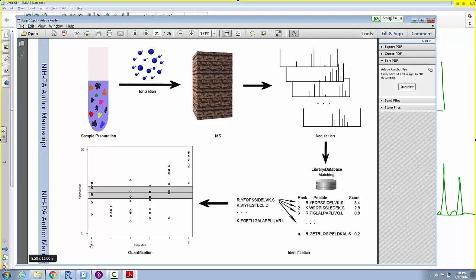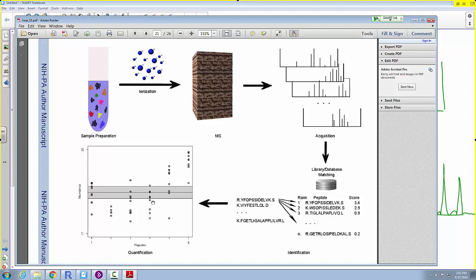And for example, peptide 1, these dots above peptide 1, those are the actual peak heights for what was identified as that peptide. We have 1, 2, 3, 4, 5, 6, 7, 8 or so replicates in this data set. So those were the numbers for peptide 1. Those were the numbers for peptide 2, peptide 3, and so on.